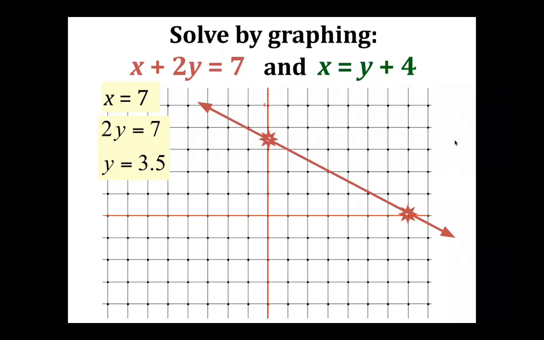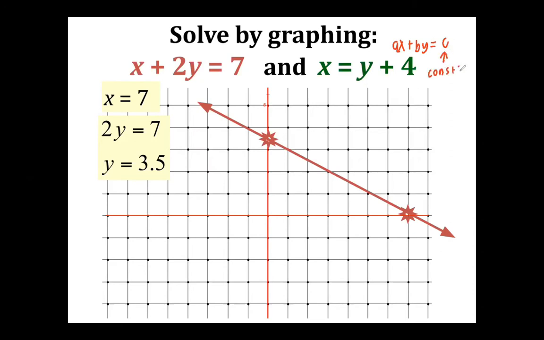Now we can graph our second equation. We have x equals y plus 4. This isn't in any form that we recognize, so we can rewrite this in either slope-intercept form or standard form. For this example, I'll just do standard form, which is ax plus by equals c, and c is going to be our constant.